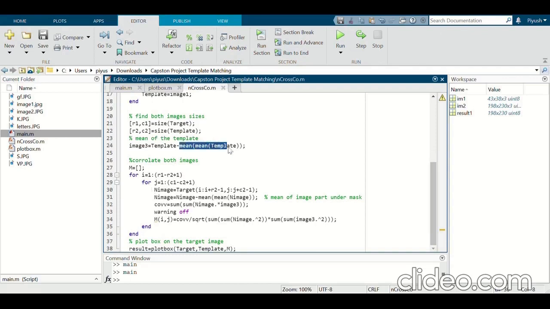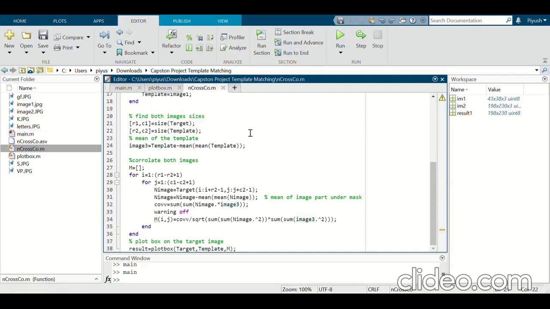The first mean calculates the mean over columns, and then the last mean calculates the mean over those calculated column means. Then the whole mean is subtracted from the template image, which is the original image, and this data is represented as image3, which is the image with the mean subtracted.